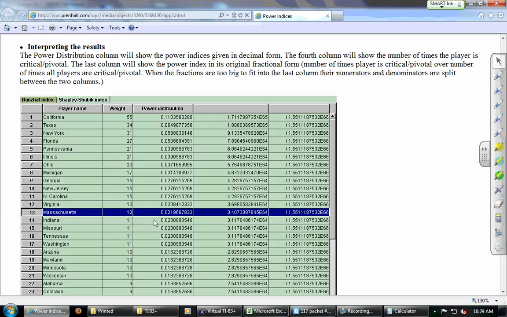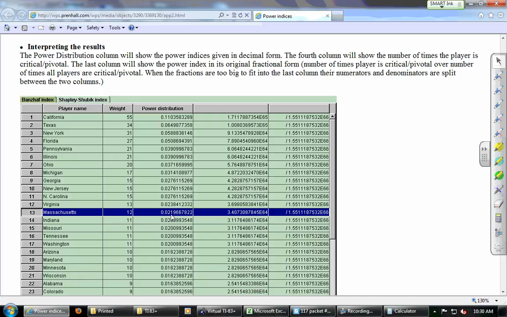You can see Massachusetts had about 2.2% of the power, which actually I feel like kind of makes this average, because if there are 50 states and everybody has the same amount of power, then what percentage does each state have? 2%, right? 100 divided by the 50 states. Everybody would have 2 if it was all equal.